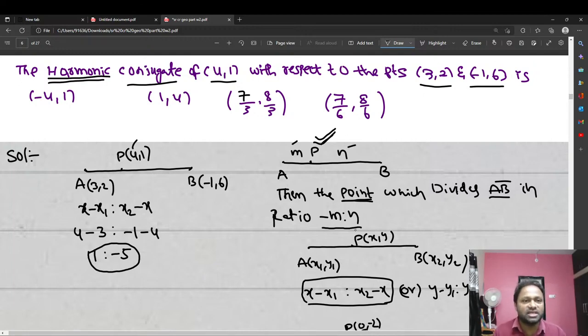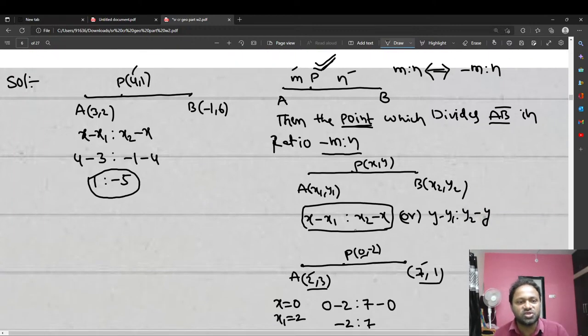But the question is harmonic conjugate. Harmonic means the m is to n ratio will be converted to the form of minus m is to n ratio, or minus m is to n ratio will be converted to the form of m is to n ratio.